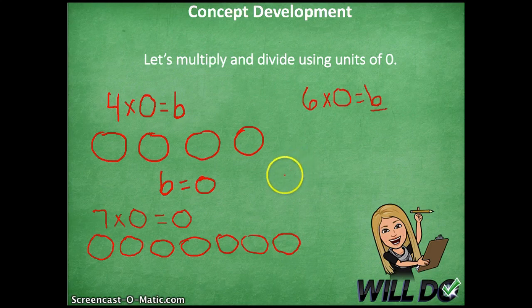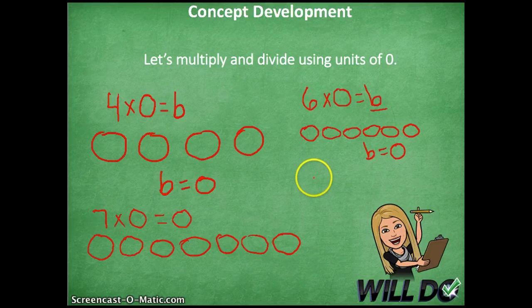Well, what does B represent? 6 groups, 1, 2, 3, 4, 5, 6, with 0 inside. So B equals, you got it, 0.